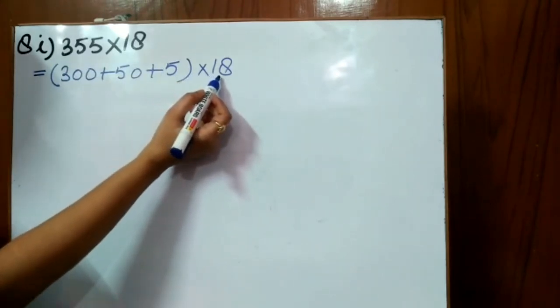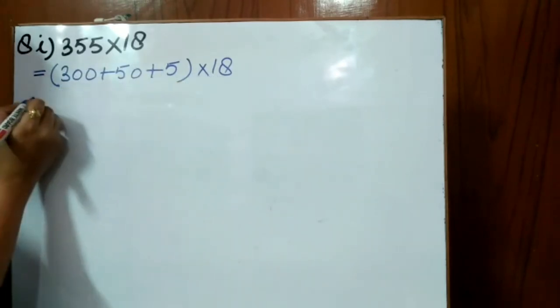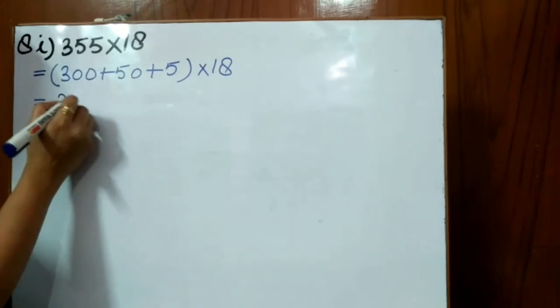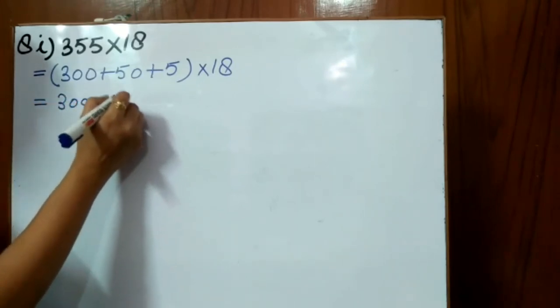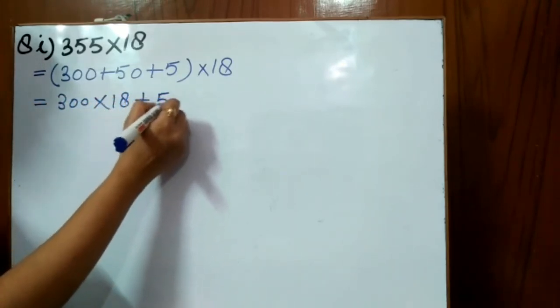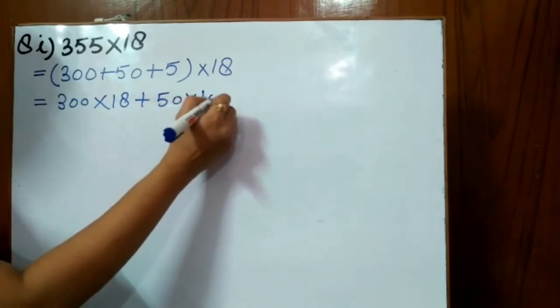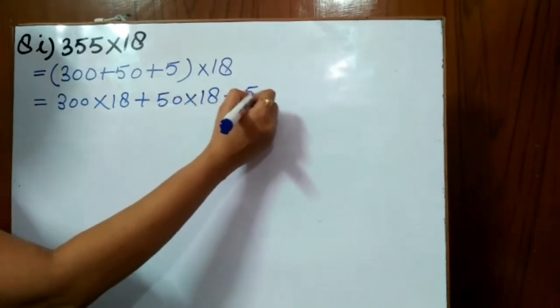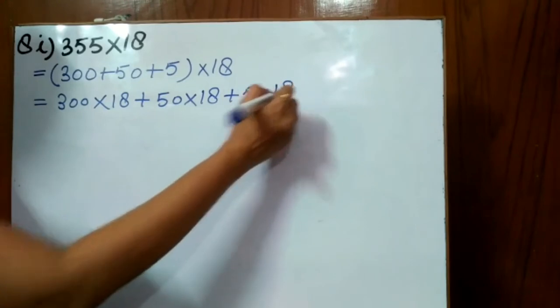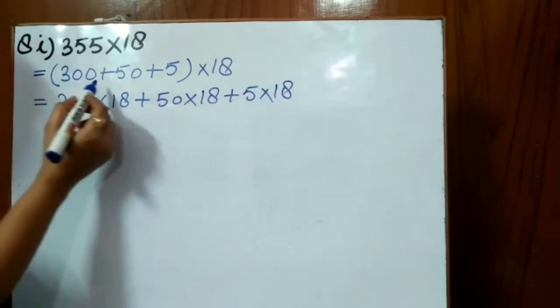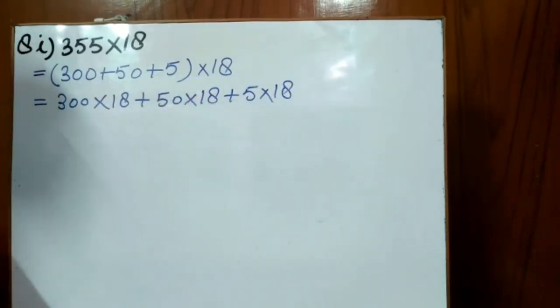Now we will distribute 18 inside the bracket. 300 into 18 plus 50 into 18 plus 5 into 18. Which law are we using here? Law of distributivity. No need to mention it there.